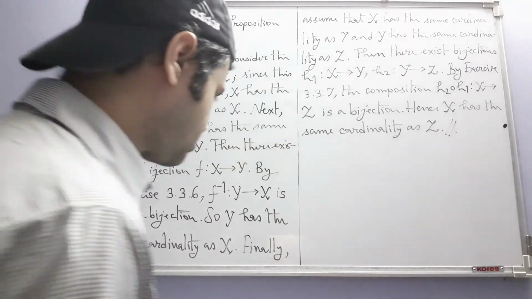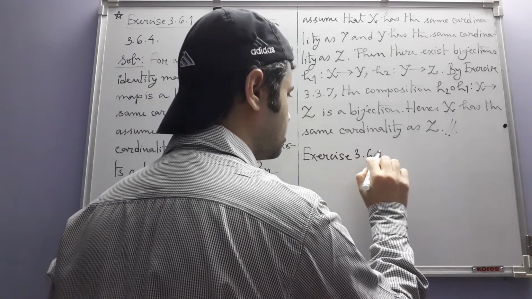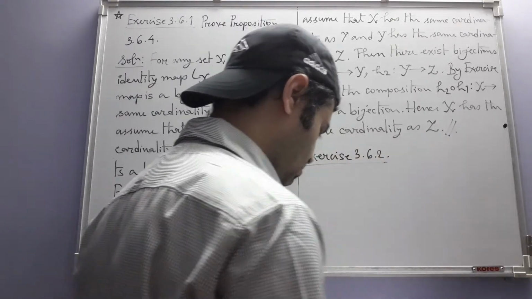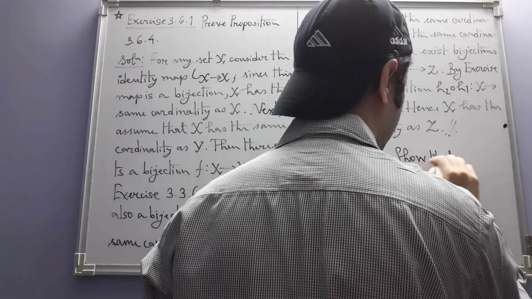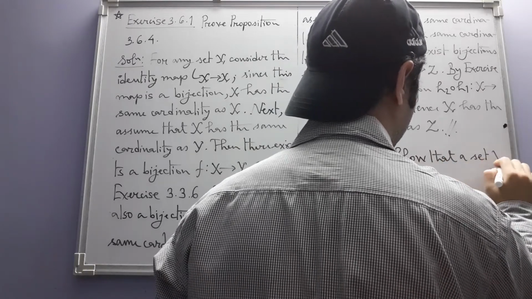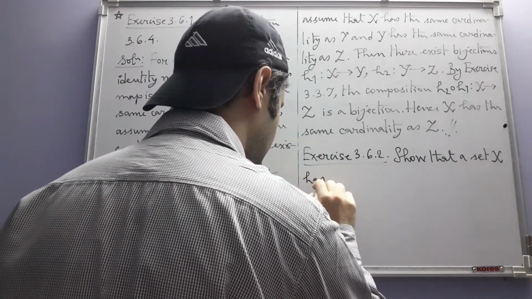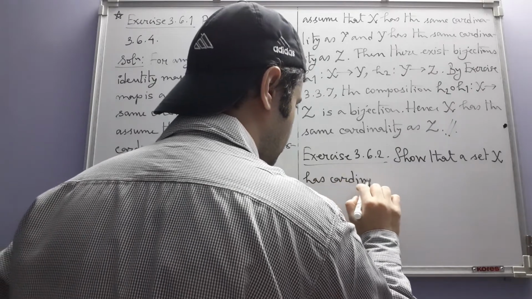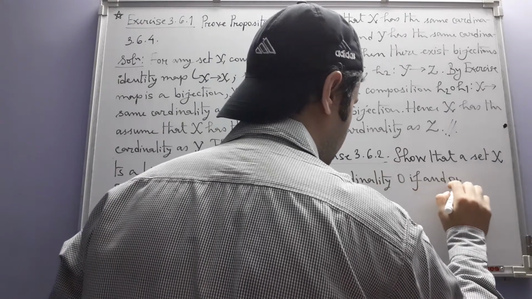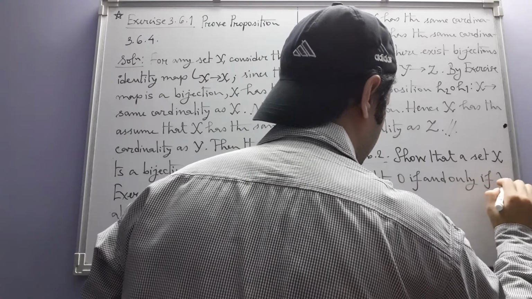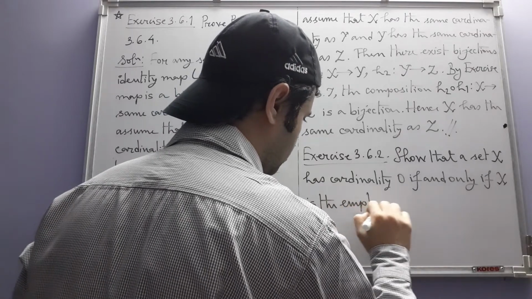Okay, so the next one is exercise 362. Show that a set X has cardinality 0 if and only if X is the empty set.